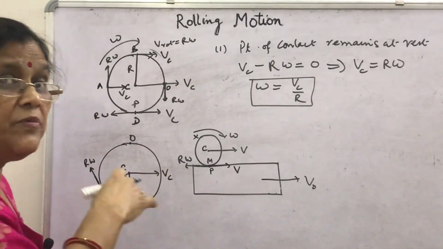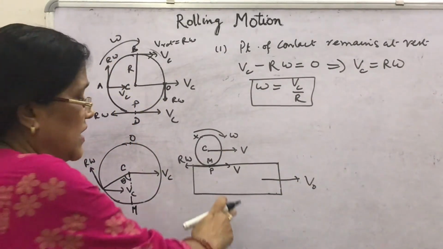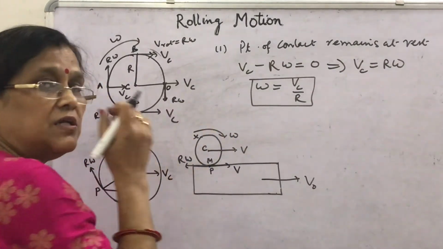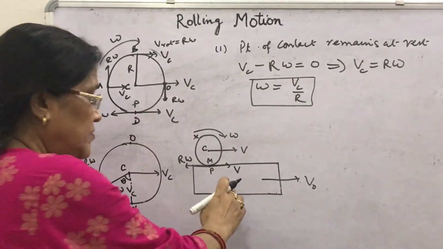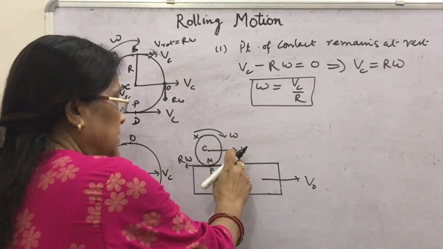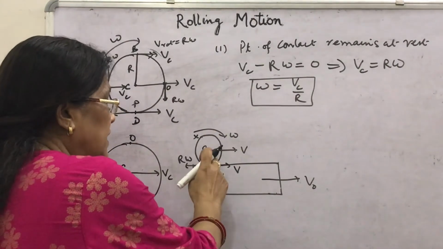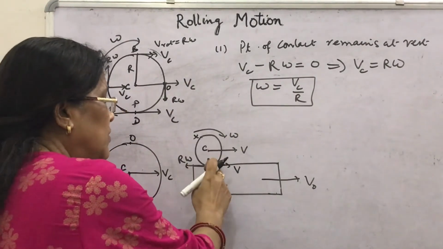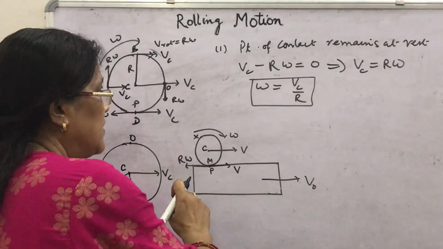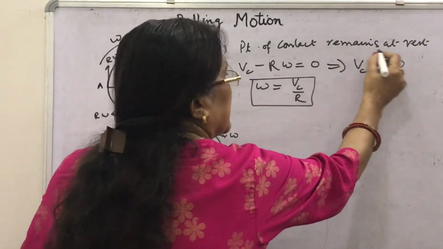Okay. If the object is rolling on a moving platform like the one I have shown, then what will be the condition for rolling? Let the platform move with velocity v0 and the center of mass velocity be v. Again, the condition is that there should be no relative motion, no slipping at the point of contact. Point of contact remains at rest.